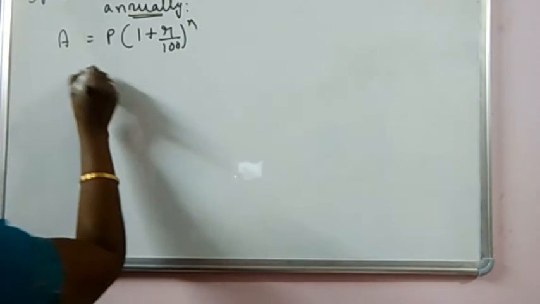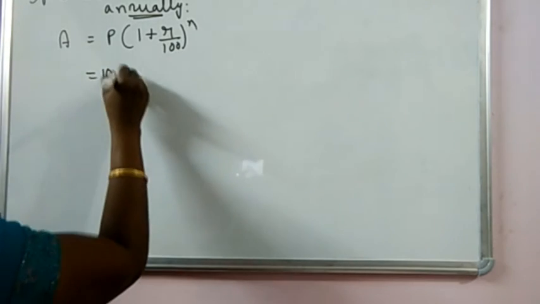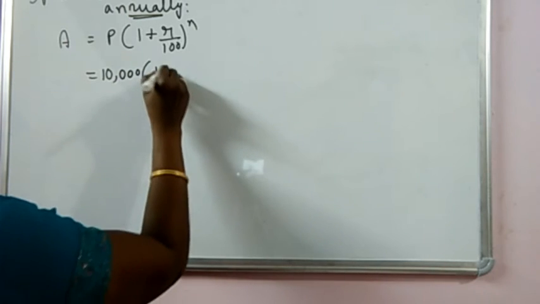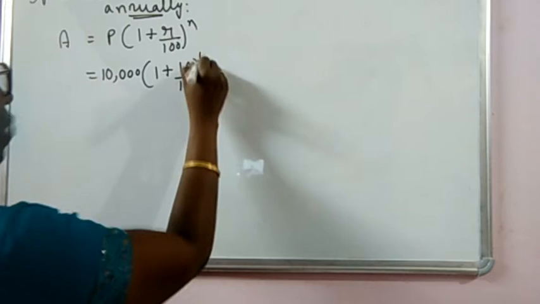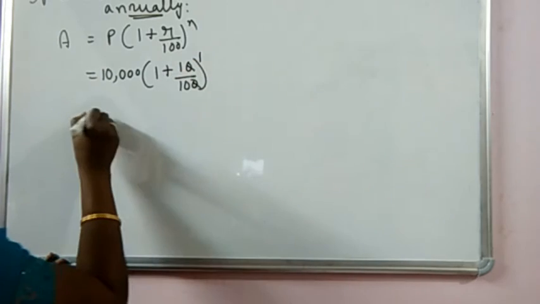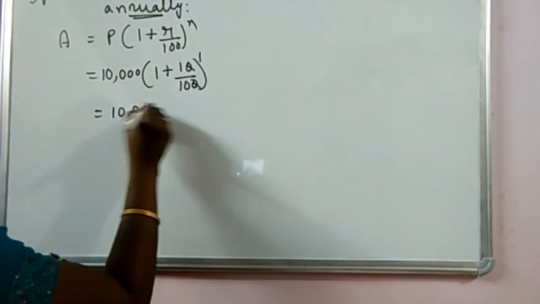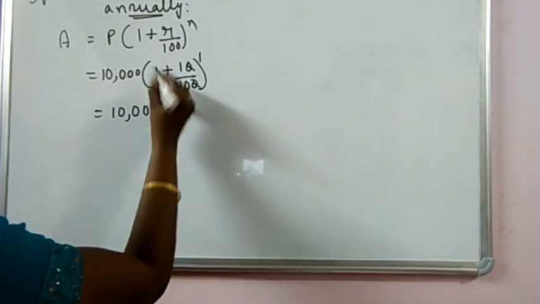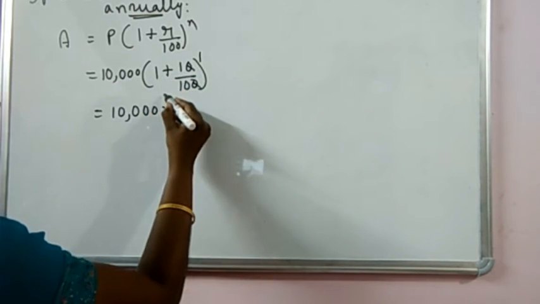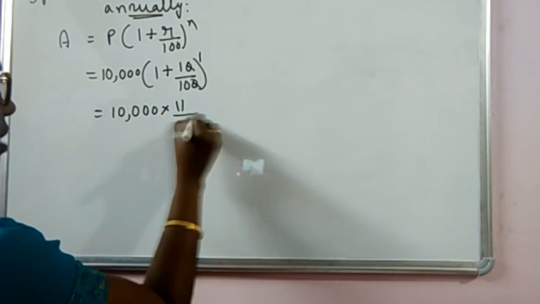1 year. P is 10,000 into 1 plus R is 10 by 100, very simple, 0, 0 cancelled, 10,000 into 1 by 10 is there. So for 1 you take 10 by 10, 10 plus 1 is 11 by 10.